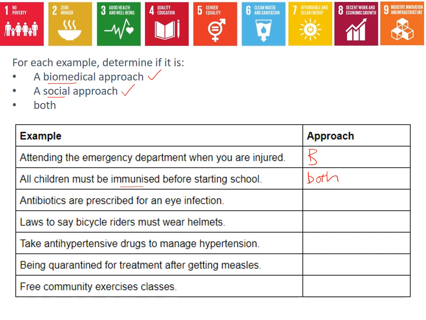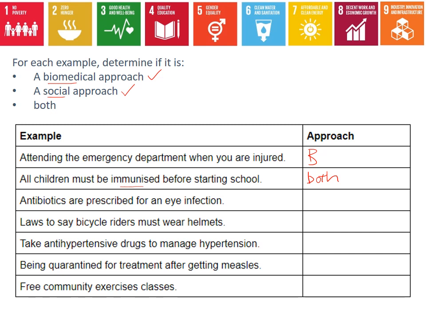So with something like that, as long as you can explain your answer, you could go either way. But I would probably focus more on the social side of it because it benefits everyone, but acknowledging that it did require medical research to happen.